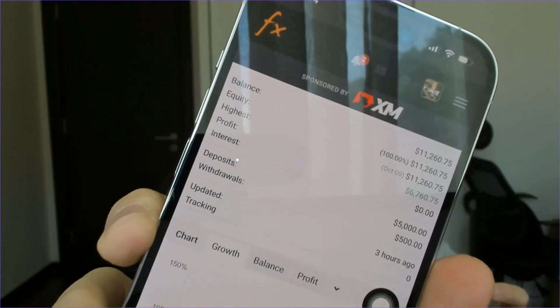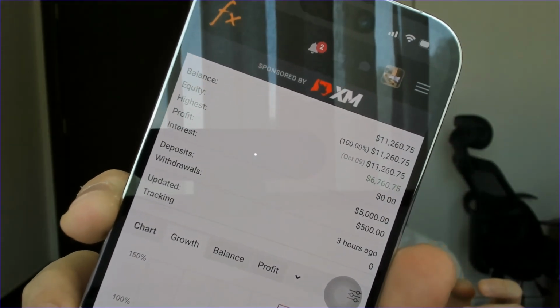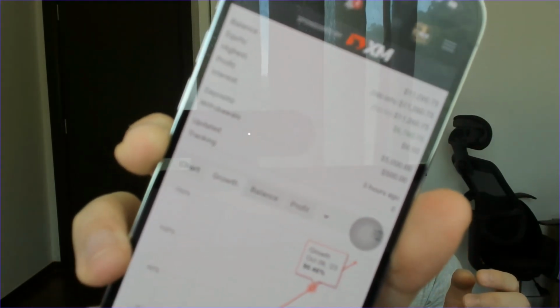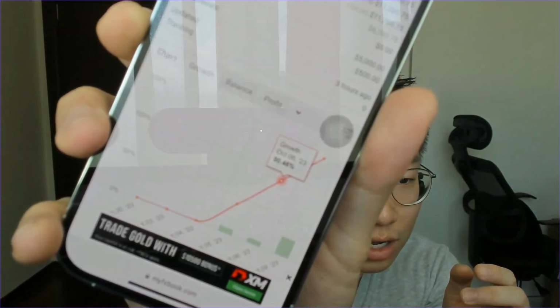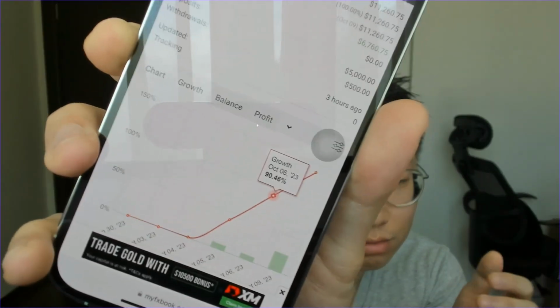If you look at the balance, it's $11,260. Profit was about $6,700. We also withdrew about $500 in between. That was just to prove to my members that IC Markets was reliable, and the equity curve looks very healthy as well, just upwards. So that's it for the recap, and that's it for the video.